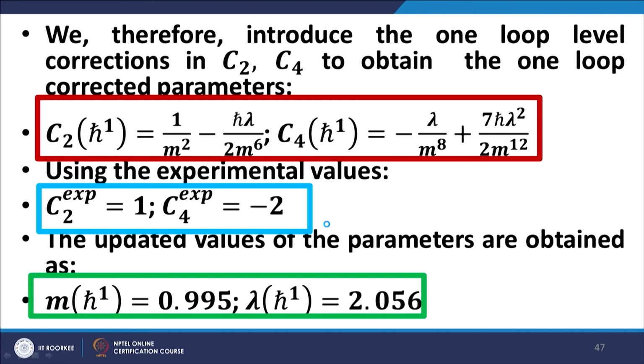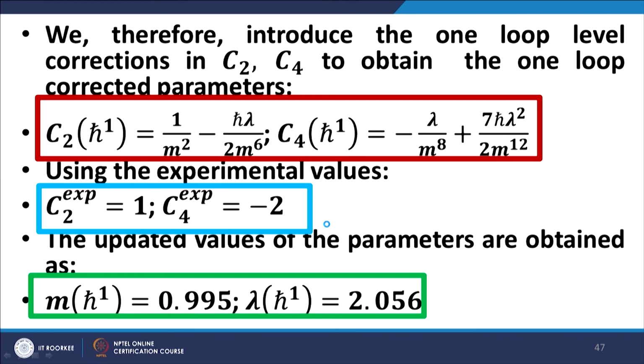In the formulas for C2 and C4 we incorporate the correction due to the first loop, and we find the correction for C2 is minus h bar lambda upon 2 m to the power 6, and for C4 the correction is 7 h bar lambda square upon 2 m to the power 12. We retain the experimental values as 1 and minus 2 that we started with.